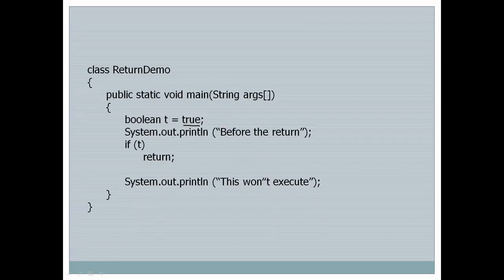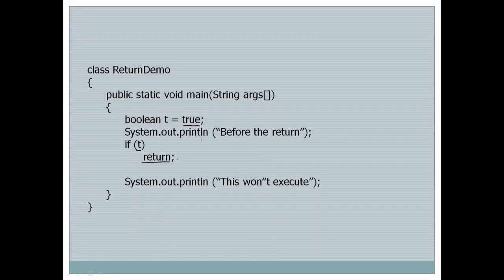Then we have a statement System.out.print "before the return". Then we have a condition, if t, in the sense if the value of t is equal to true, and if you look at the value of t, it is true. So if it is true, we are executing return.